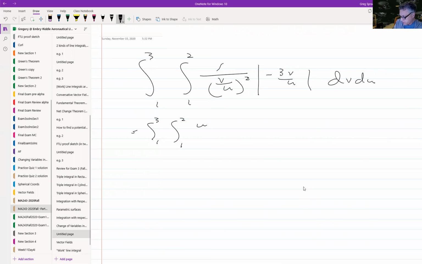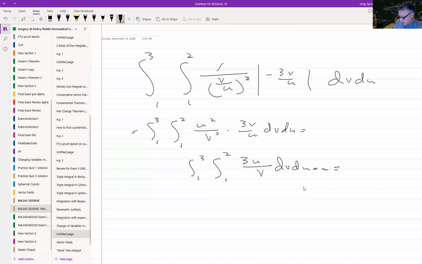Integrand simplifies to u squared over v squared times 3v over u, which further simplifies to 3u over v. And this integral is a piece of cake, so hopefully I can do it. And the integral turns out to be 12 natural log 2.